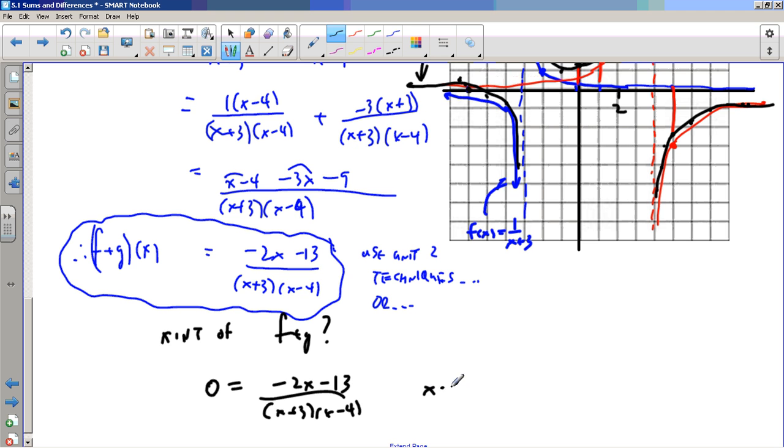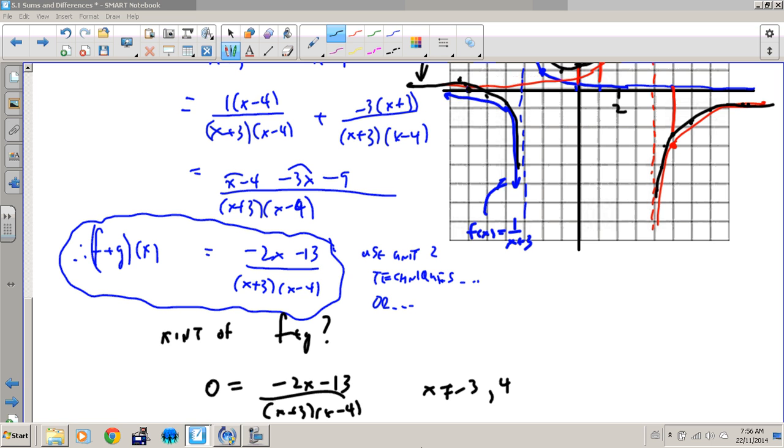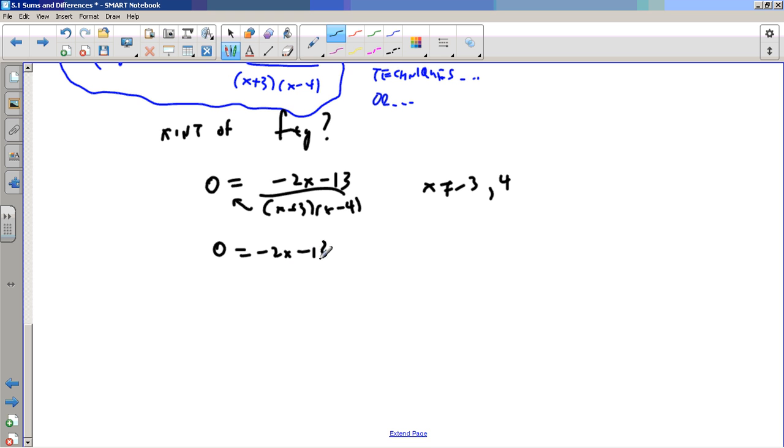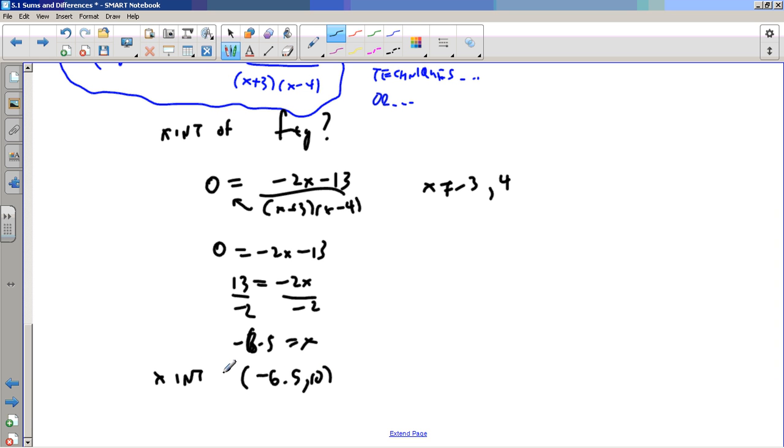As long as x isn't equal to -3 or +4, I can multiply. I multiply here, and that gets multiplied up there, and it's 0 equals -x minus 13. 13 goes on the other side, and I divide by -2, and I get -6.5. And so I know that the x-intercept of my combination function is just this one.